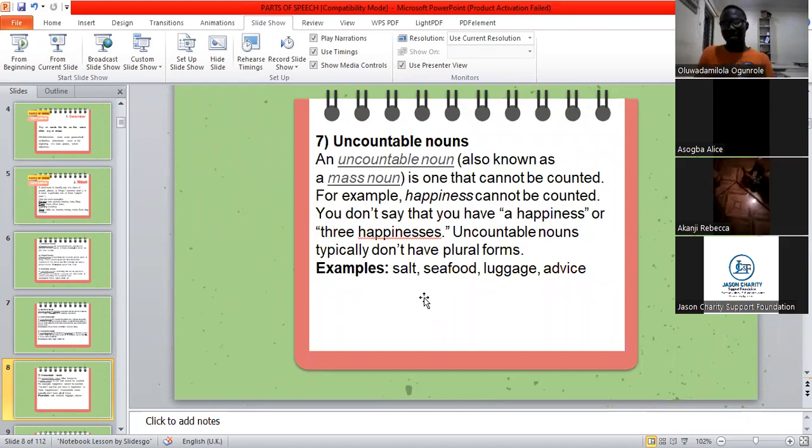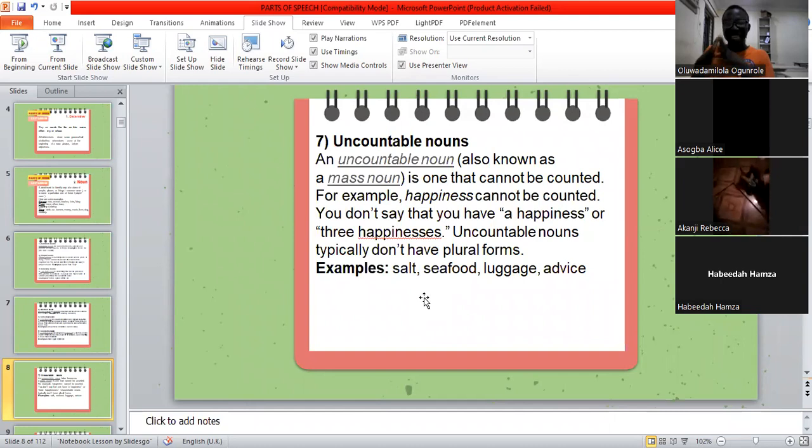Now, you realize that there, my salt is not pluralized. I can say 3 spoonfuls of salt. Now, the noun that I'm using as the quantifier can be pluralized, but that uncountable noun cannot be pluralized. So I cannot say 3 spoonfuls of salts. No, it will not be accepted grammatically.